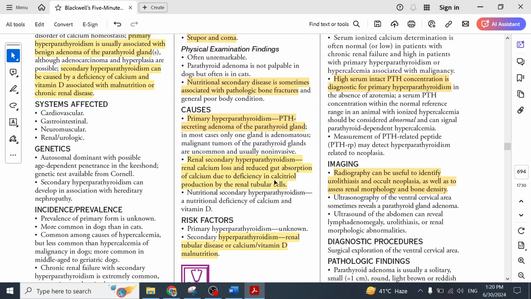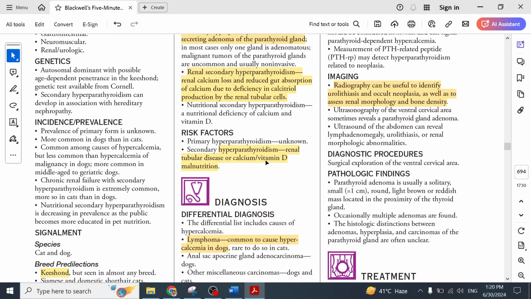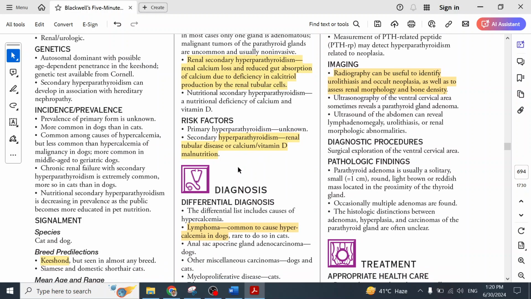Any reason which makes the GIT not absorb the calcium, so a low level of calcium in the blood indirectly increases the PTH level, due to deficiency in calcitriol production by the renal tubular cells. The kidney does not produce calcitriol, due to which calcium is not absorbed by the GIT, and as a result hyperparathyroidism occurs. So risk factors for hyperparathyroidism are renal tubular disease or calcium, vitamin D, malnutrition. These are the risk factors.